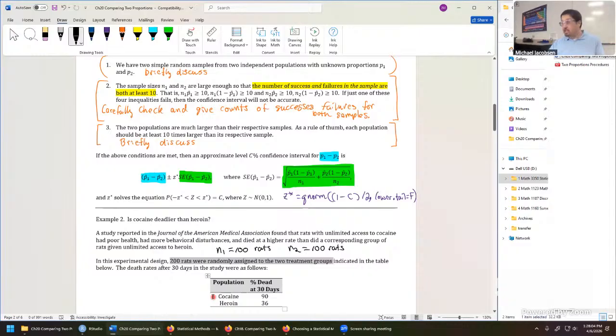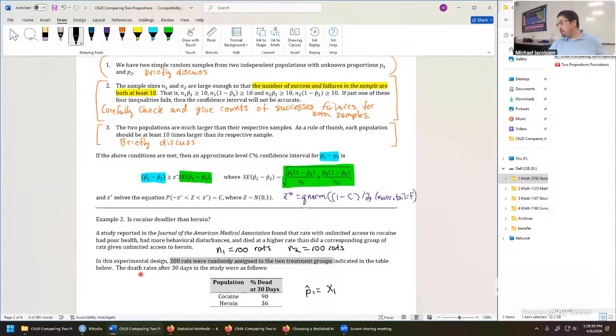So cocaine here, we can think of as p hat 1. P hat 1 is going to be the number of successes. Well, the data is given in terms of dying after unlimited access for 30 days. So the success here, even though it's kind of sad, is that the rat has died to the experimental condition it was subjected to.